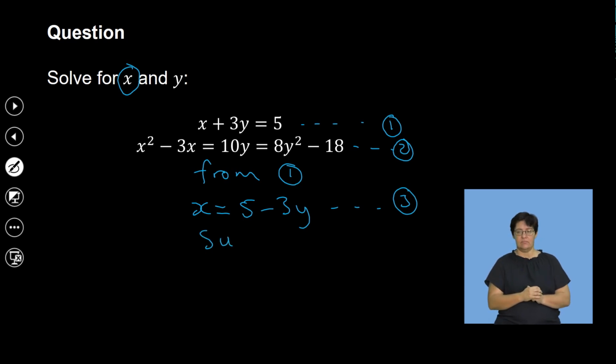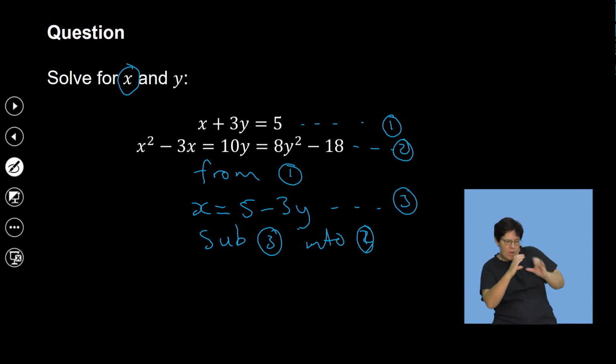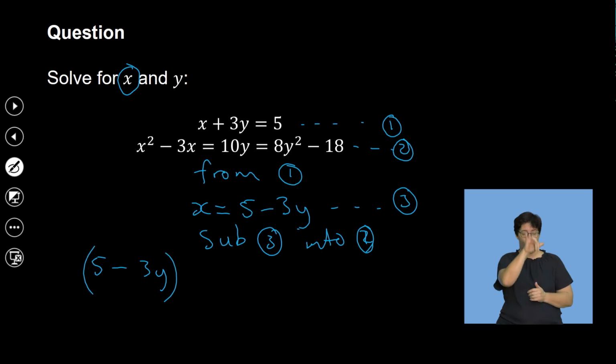And then I will say substitute equation number 3 into equation number 2, right? So it's a language, this thing, guys. You're communicating with me. You are telling me what you are doing. Therefore, this will be 5 minus 3y, all of this squared, minus 3 into 5 minus 3y.